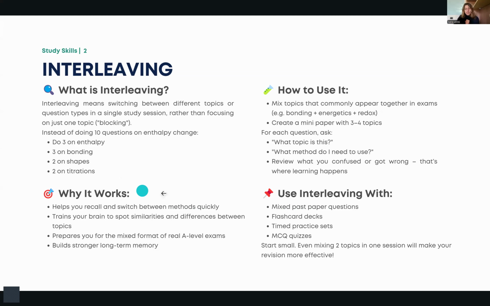This works simply because by switching between different methods, you really train your brain, first of all, in getting used to papers, because it's a lot of different topics that are either merged together into a question or different questions of different topics, so you need to quickly switch from one topic to the other. But also remember that it's very useful for long-term memory. All of these study methods are proven scientifically to work.